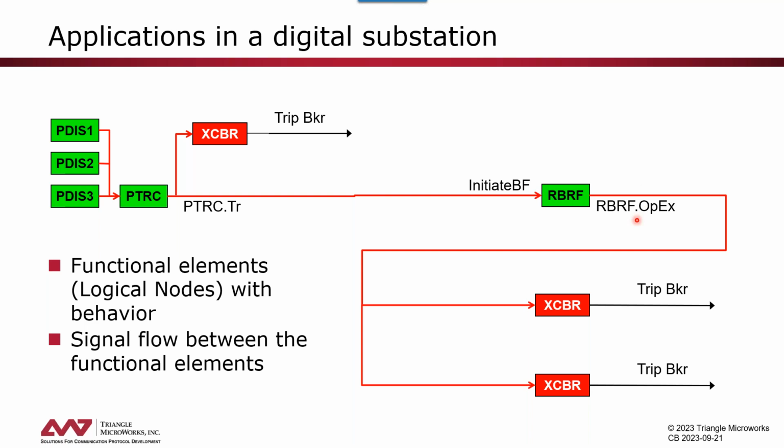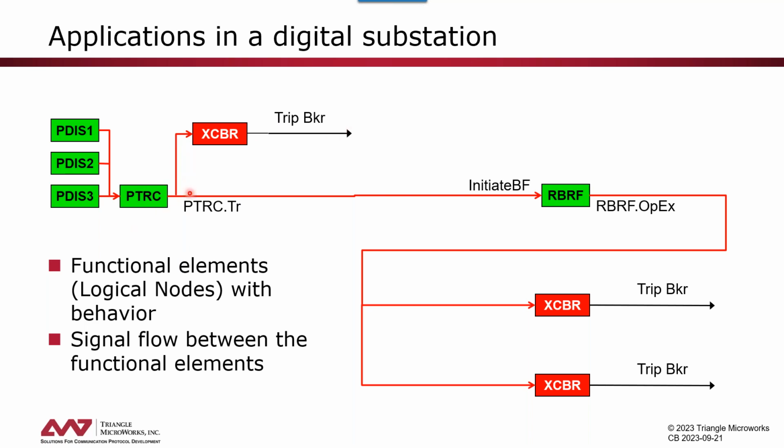In IEC 61850, those functional elements are characterized as logical nodes. So we see here 3 logical nodes for 3 different distance protection zone elements. We see a trip logic. So the application that we have illustrated here is a breaker failure application. So the trip logic will decide if a trip shall happen. The trip would go through the breaker interface and as a wire into the breaker.